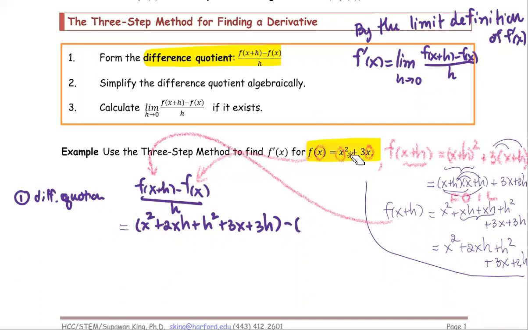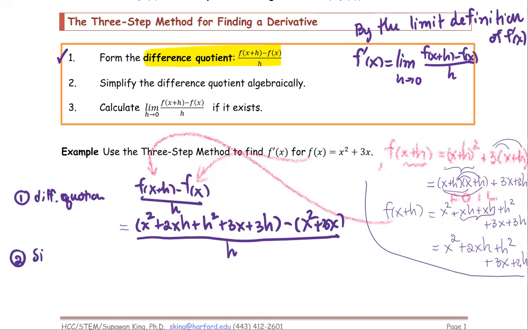So I'm gonna erase this a little bit to get a cleaner look, which is x squared plus 3x, all divided by h. Okay, step 1 is done. Check. Step 2, we're gonna simplify. So step number 2, we simplify.